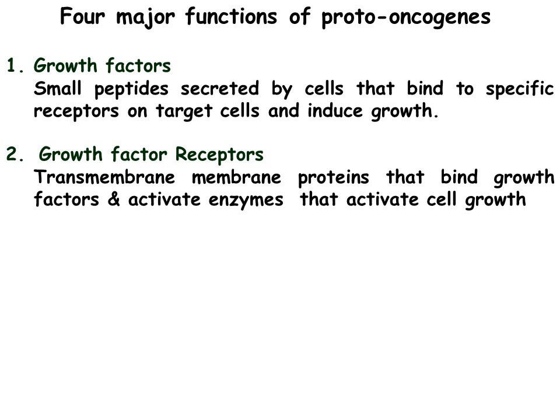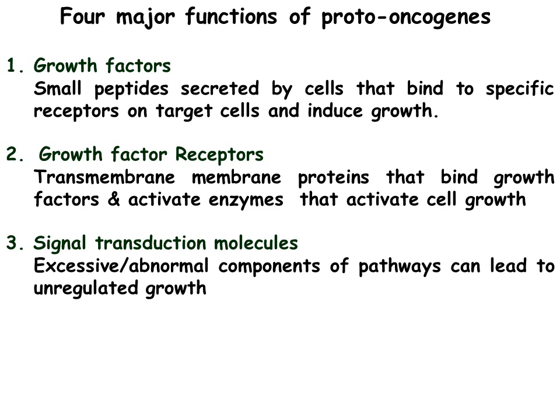Not surprisingly, then, the next major function of a proto-oncogene is the growth factor receptor. So this is the receptor on the cell. It's on the membrane, so it will bind the growth factor, and it will then send a signal to the cell: growth factors are here, we need to divide. Now, going from the receptor binding to a change in cell behavior is that whole process of signal transduction.